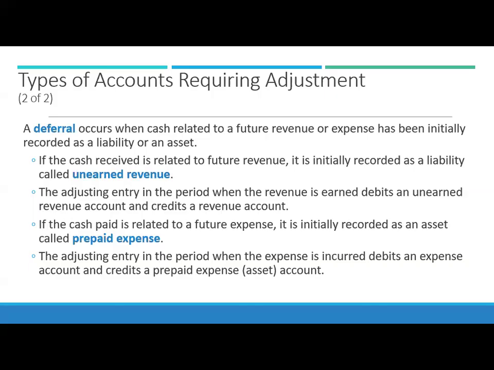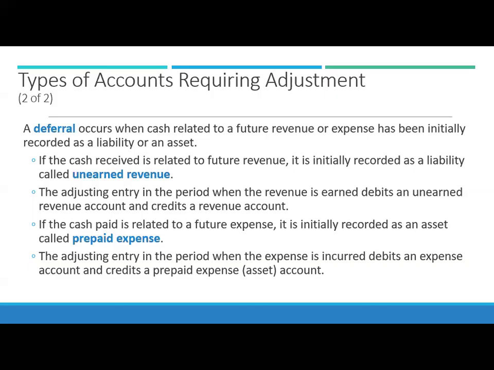And so for example, if cash is received for future revenue, if customers prepay, that's called unearned revenue because the business didn't earn it yet. And then there's an adjusting entry to record when the revenue is earned. For example, if renters pay their rent a couple months in advance, then the rent would be unearned rent until it's earned, and then there would be an adjusting entry to record the rent revenue.